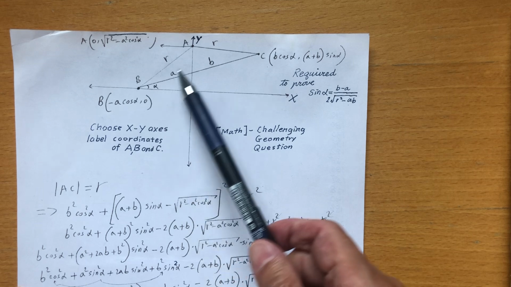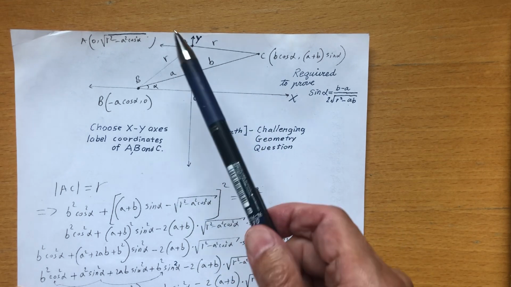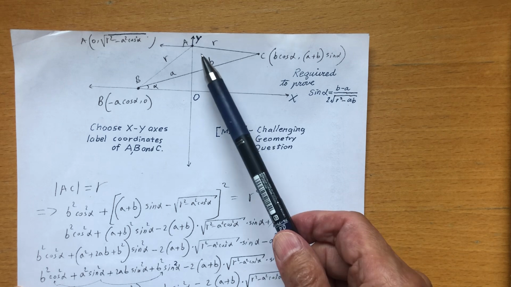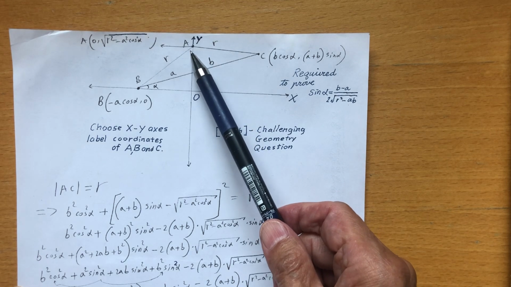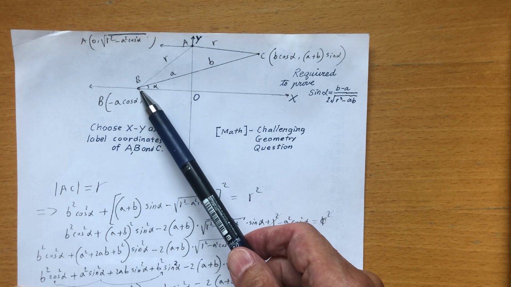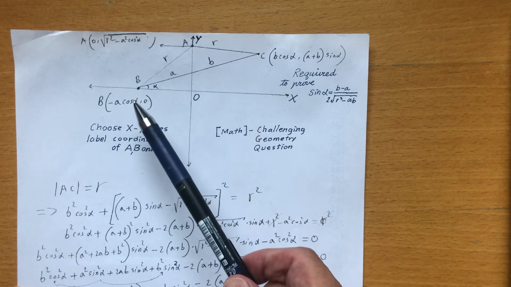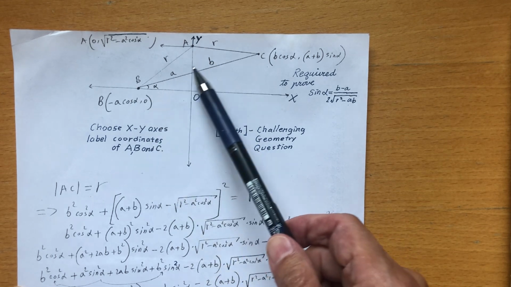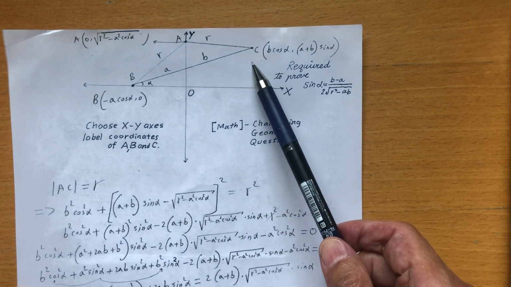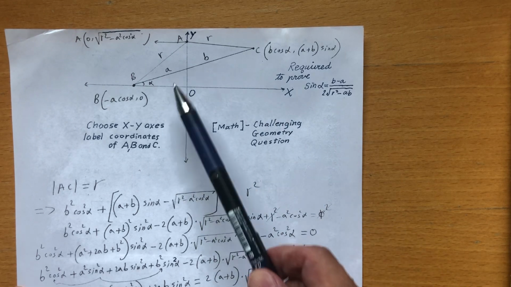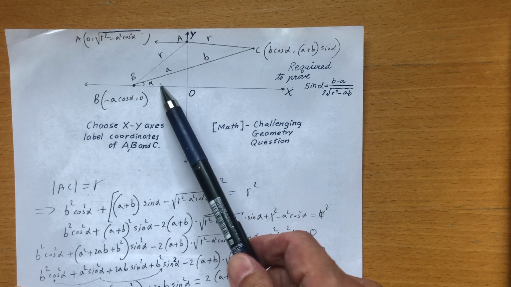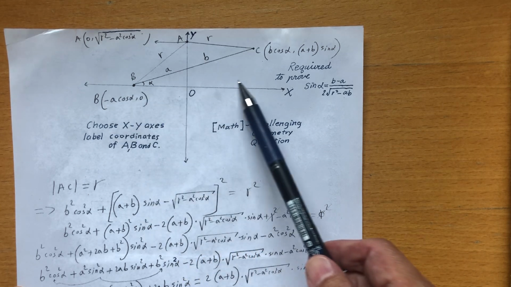There is a triangle. This side R is equal to this side R. And this side is not horizontal, and this side makes an angle alpha with the horizontal line.